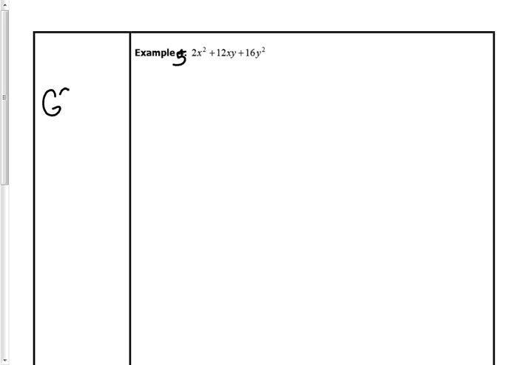So do I have a greatest common factor between the numbers and the variables here? Well, I see that this is a 2, a 12, and a 16. So I can remove a 2, because all the terms can be divided by 2.